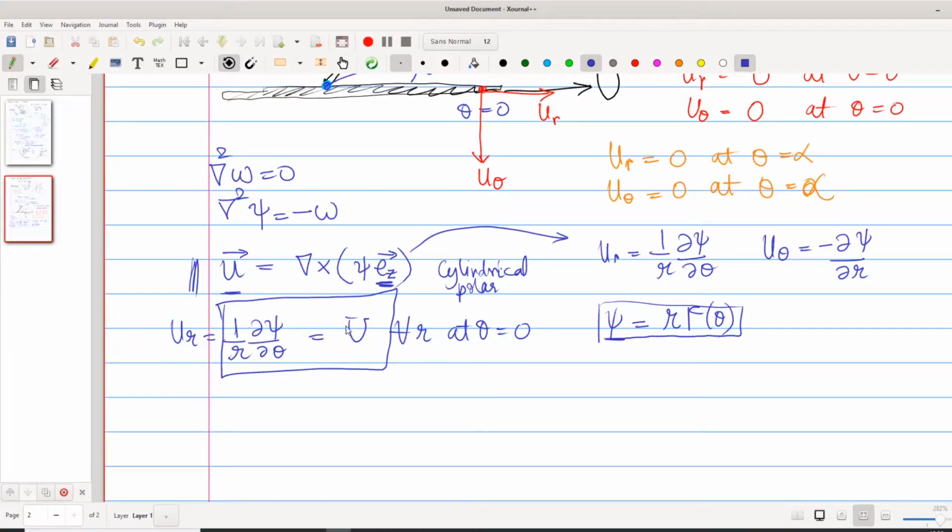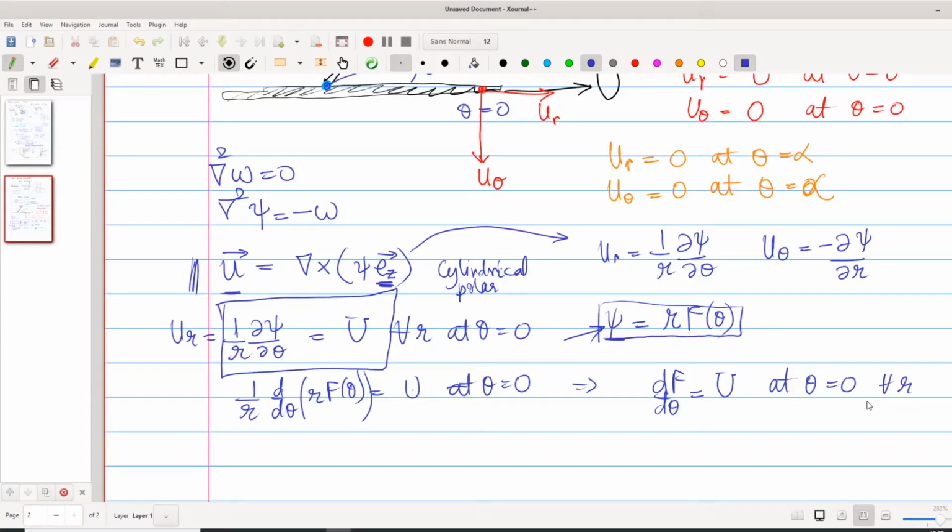So the first boundary condition is 1 by r del psi del theta equals U. If you substitute this particular form, it will be 1 by r d d theta of r into f of theta equals U at theta equals 0, essentially saying df d theta equals capital U at theta equals 0, for all r.